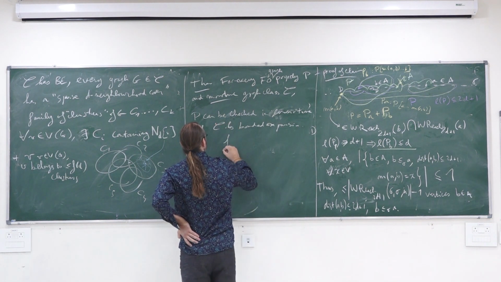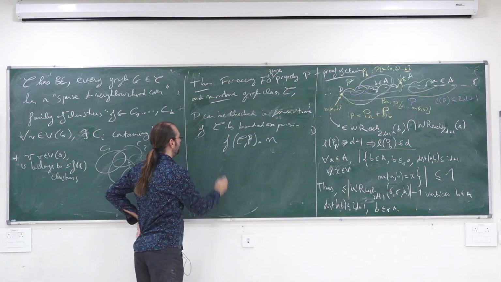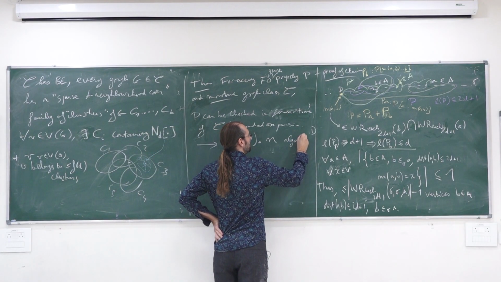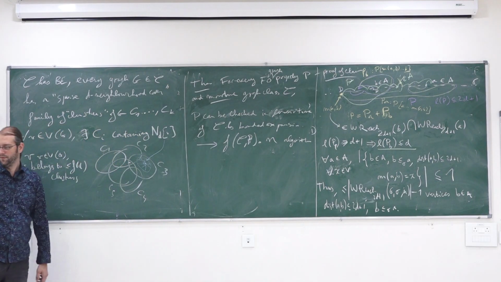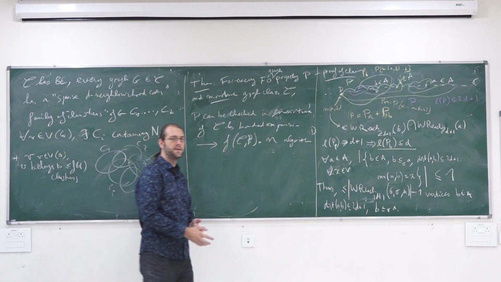So that means you will have some function of the class and your property P. So this is a very strong property, which is another success story of these bounded expansion graph classes.